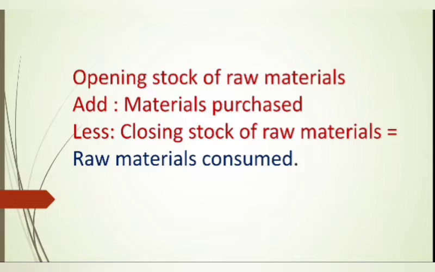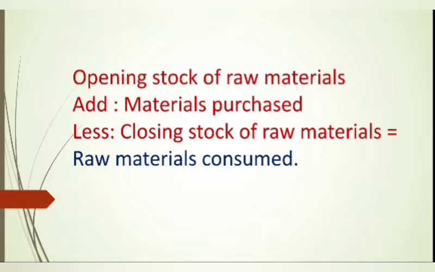If any current year's additional purchase is mentioned, it should be added. So opening stock of raw material, then add materials purchased and less closing stock of raw material. Any unused stock after manufacturing product should be deducted. That is, the unused stock after manufacturing product is closing stock.